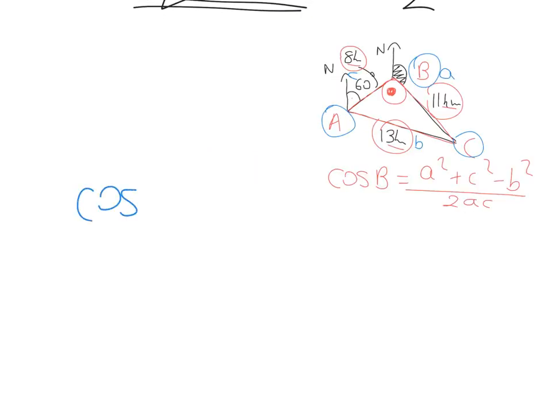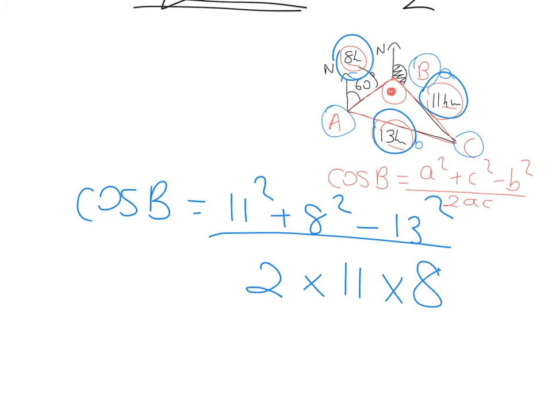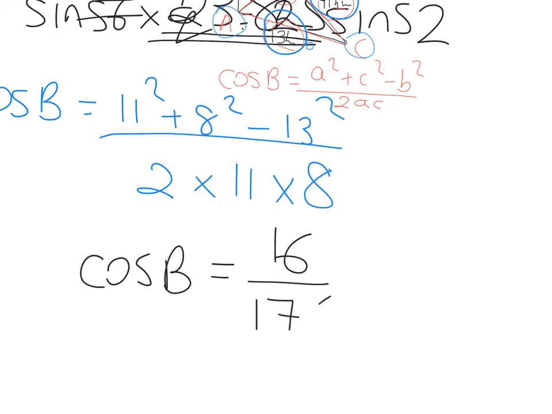So cos of B equals a squared, 11 squared, plus c squared, which is 8 squared, minus b squared, 13 squared, over 2 times a, which is 11, times c, which is 8. So that simplifies down to cos B equals 16 over 176.